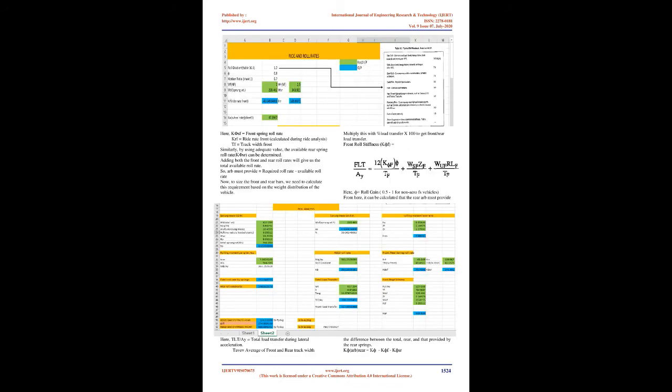Here, HS equals sprung cog height, H equals cog height, WF equals unsprung weight front, RLF equals tire loaded radius, static, front, WUR equals unsprung weight rear, RLR equals tire loaded radius, static, rear. Sprung weight distribution equals sprung weight front / total sprung mass.